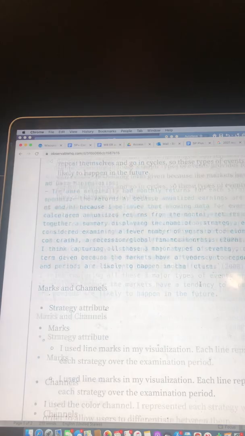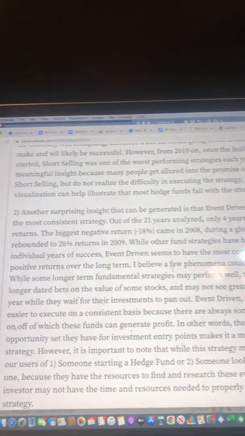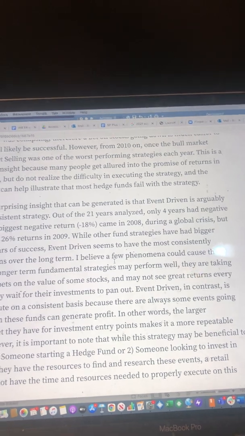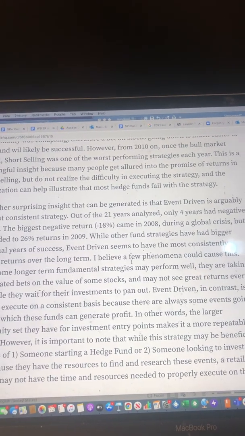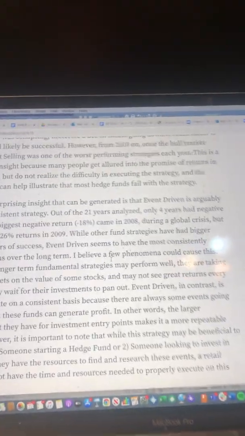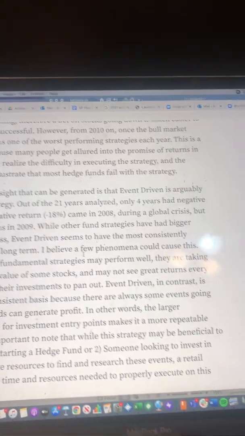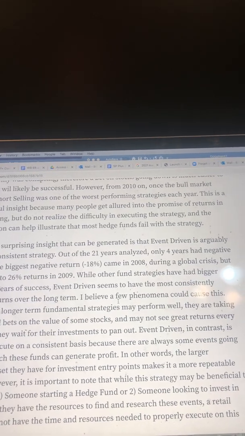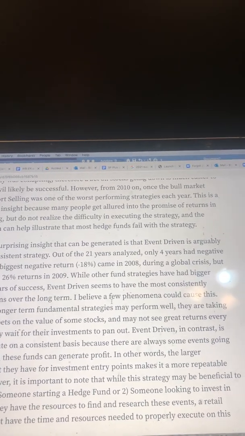However, when we look at the data in more detail and more granularity, we can see that in the 21 years analyzed, only 4 of the years had a negative return. And the biggest negative, of 18%, was in 2008 during the global financial crisis, but it actually went back up about 26% in 2009.